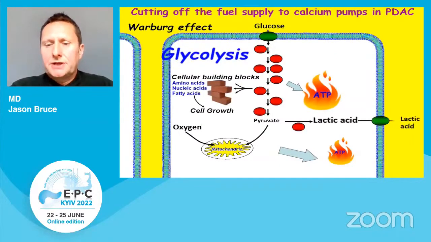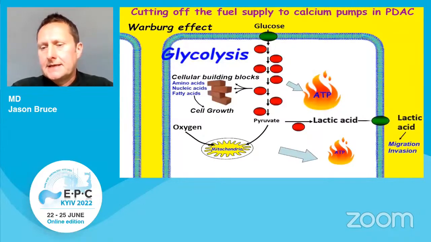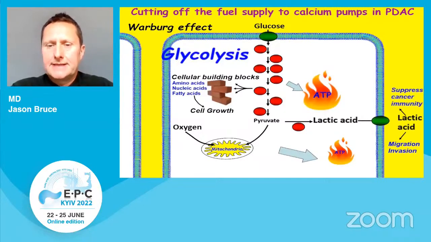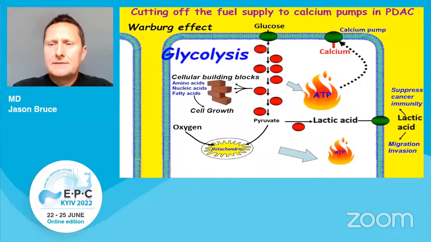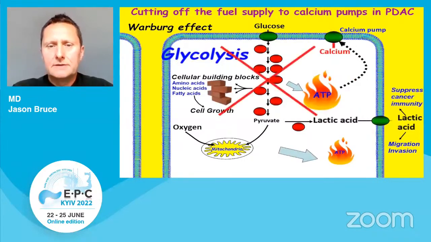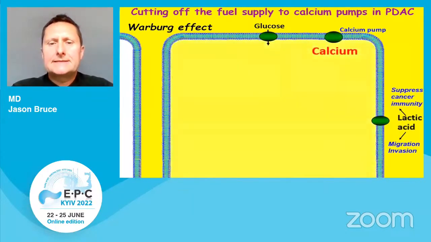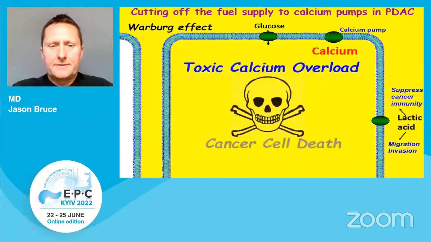Extracellular acidification, which occurs due to lactic acid efflux, also facilitates matrix metalloproteinases, important for migration and invasion, but also suppresses cancer immunity. However, ATP production and the maintenance of the calcium pump is also critical for cell survival, and inhibiting glycolysis leads to this toxic calcium overload and cell death.